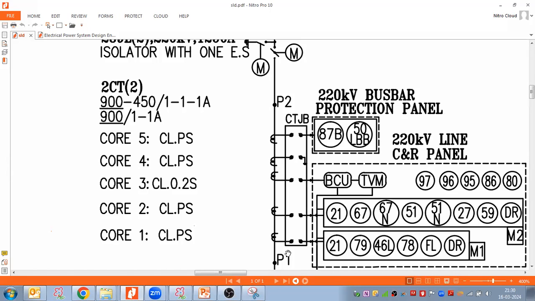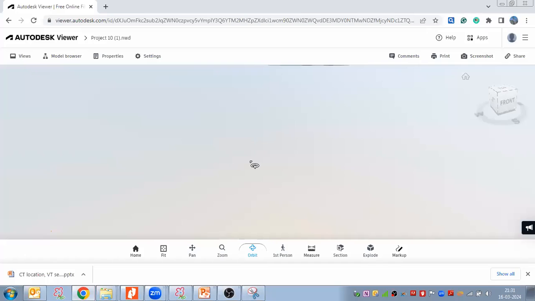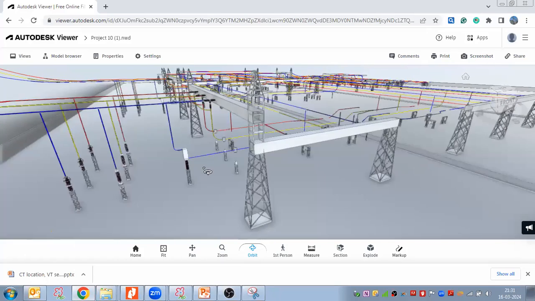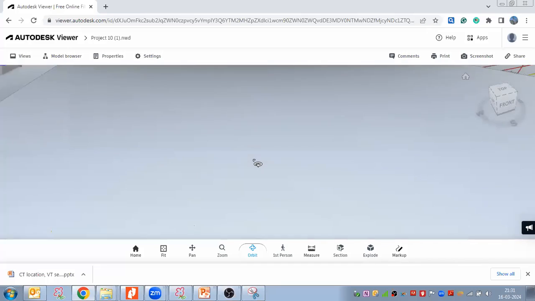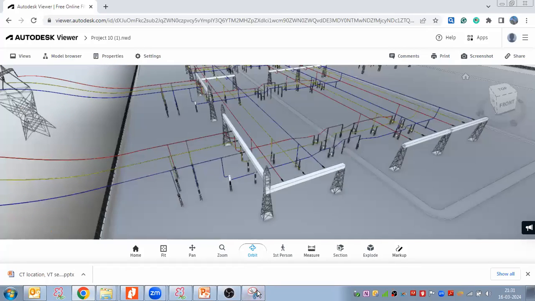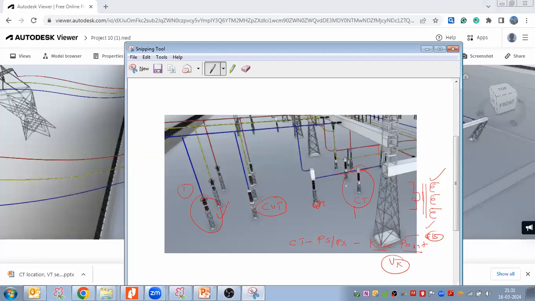When you are making the SLD, you must mark the polarity P1 and P2, because it is not only important for marking on the SLD. When the CT is installed at the site, the site engineer needs to place the CT and must know whether P1 should come here and P2 here, or the reverse.